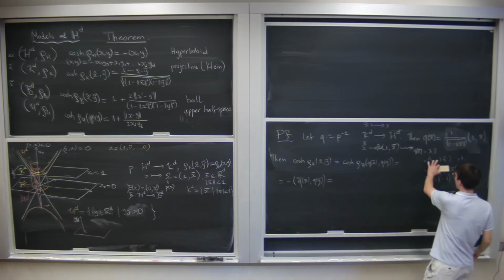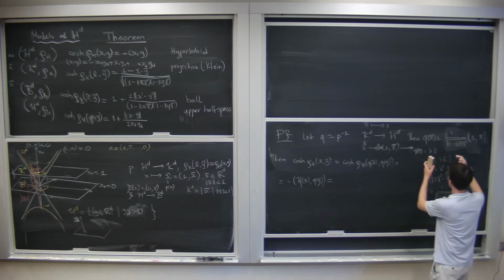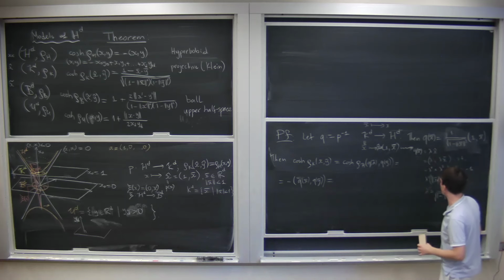So I need to take this vector and multiply it by itself, right?